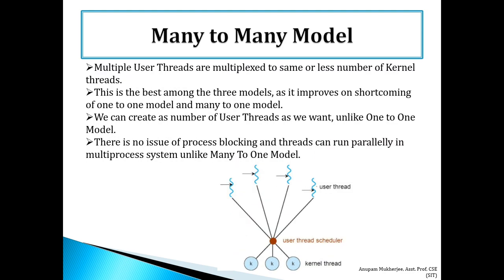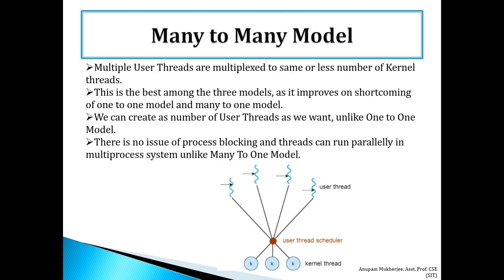And finally, the many to many model. The many to many model doesn't suffer from both these previous shortcomings. Multiple user threads are multiplexed to the same or a smaller number of kernel threads. So this is the best among the three models, as it improves on the shortcomings of the one to one and many to one models.